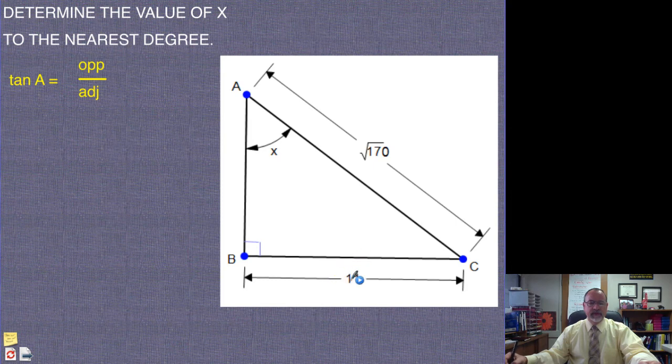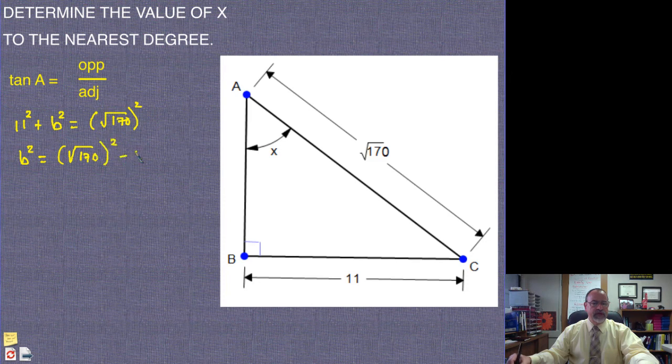So the Pythagorean theorem says that one leg squared, which here is 11, plus the other leg squared, which is the one I'm missing, is equal to the hypotenuse, which in this case is the square root of 170 squared. And then I'll go ahead and calculate this. So b squared is going to be equal to the square root of 170 squared minus 11 squared. And then b is going to be equal to the square root of 170 squared minus 11 squared.